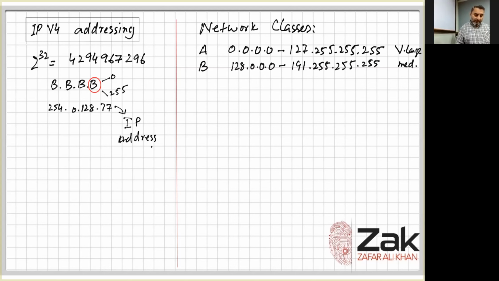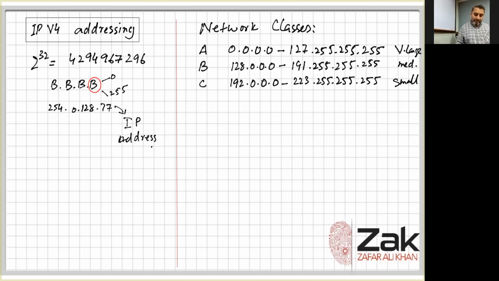Then we have class C, which is 192.0.0.0 to 223.255.255.255, and this belongs to our home networks and office networks mostly. It is actually a small network.